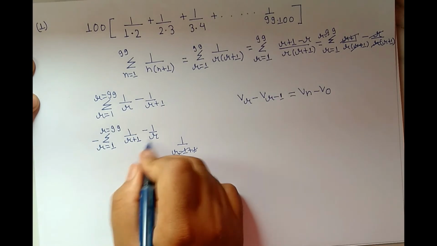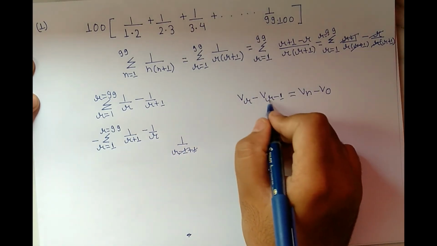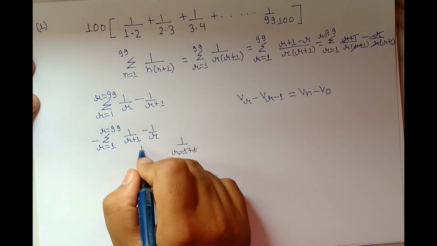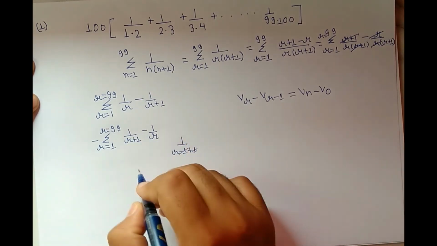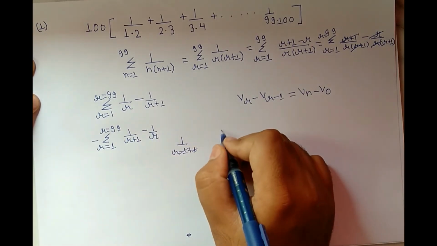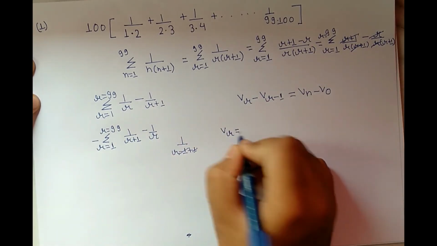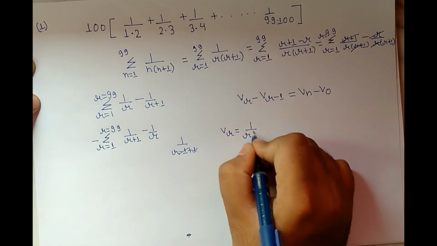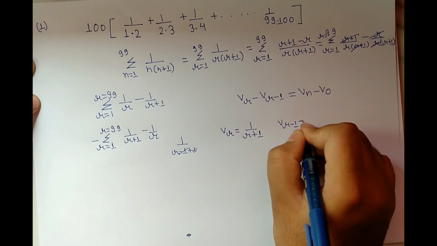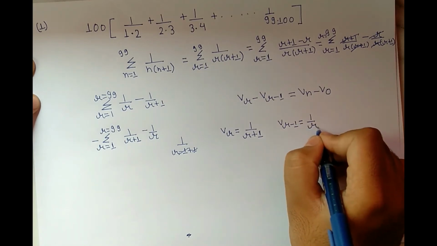So I can say that this is of the format Vr minus Vr minus 1, because my Vr is basically 1 by r plus 1, and if I am replacing the value of r with r minus 1, I would get 1 by r. So I can say that Vr over here is 1 by r plus 1. Hence, Vr minus 1 would be 1 by r.